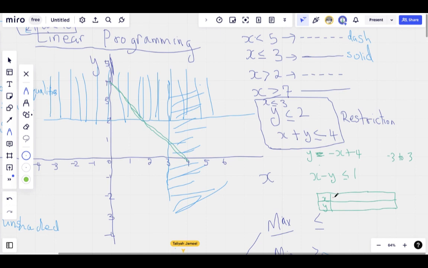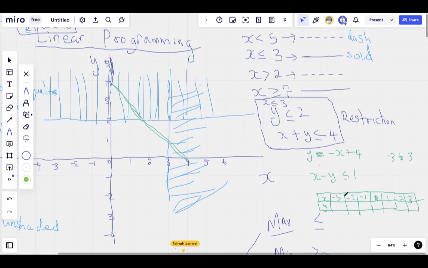So you can have -3, -2, -1, 0, then 1, 2, and then 3.